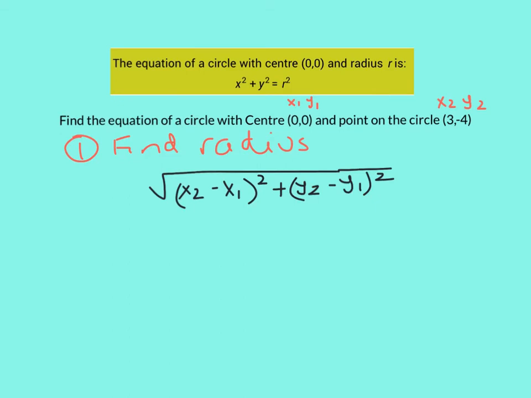Okay, so I just wrote out my distance formula and I have gone ahead and labelled my points. So if I'm just going to substitute those points in.